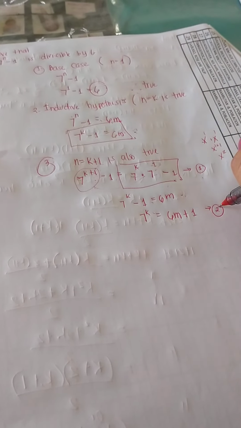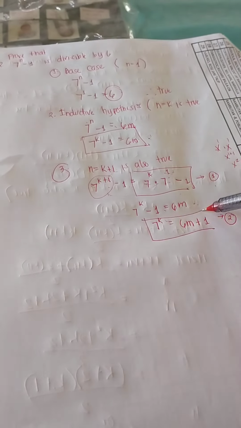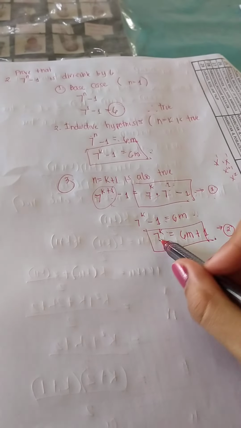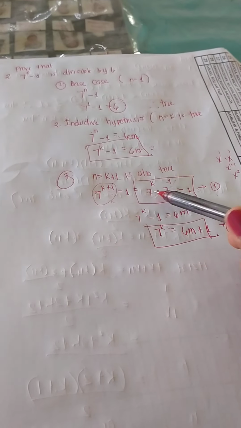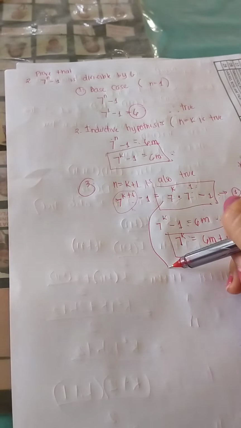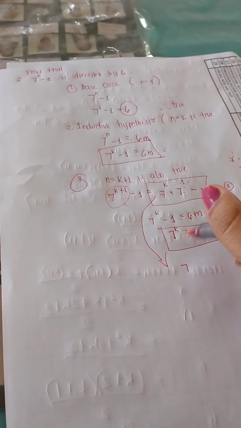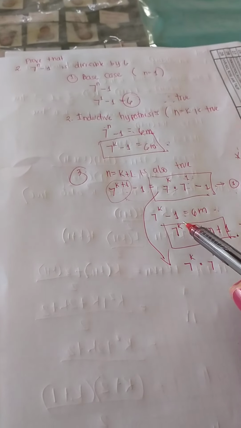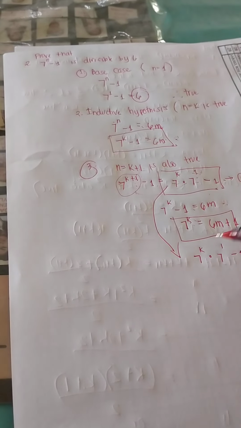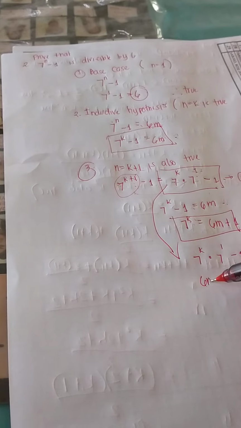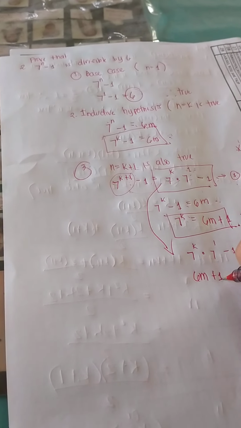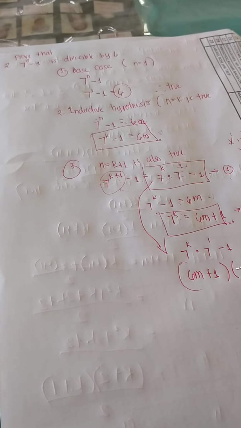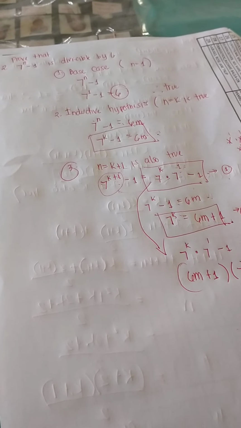That is equation 2, which we substitute into equation 1. So the value of 7 to the power of k is this. So we substitute 7 to the power of k times 7 minus 1: 6m plus 1 times 7 to the power of 1, or just 7, minus 1.